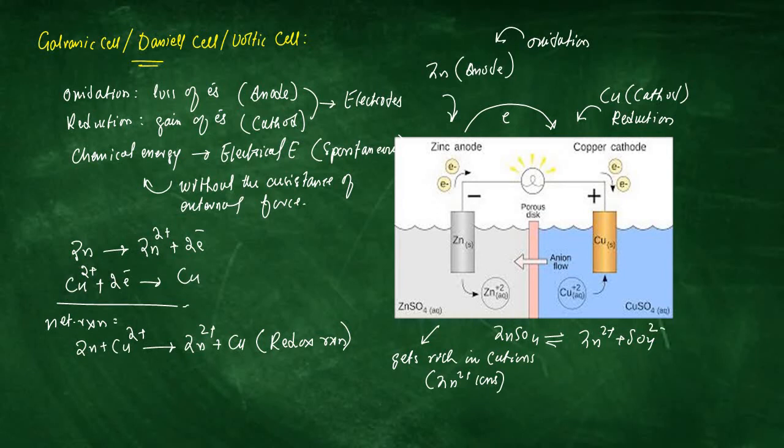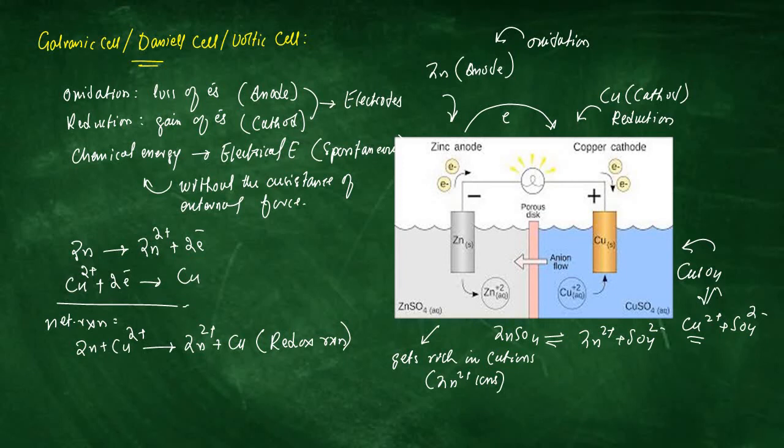As far as the cathode compartment is concerned, here we have CuSO4 solution that ionizes into Cu2+ and SO4 2-. Here Cu2+ ions from solution are reduced on the surface of the cathode. In other words, the size of the cathode is increased once the cell reaction begins to operate. Here, there is a reduction of positive charge.